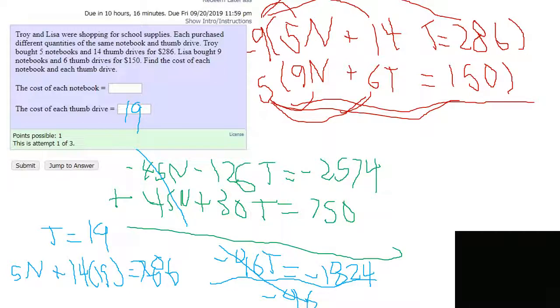If I do that, I'm going to get 5N plus 266 equals 286.